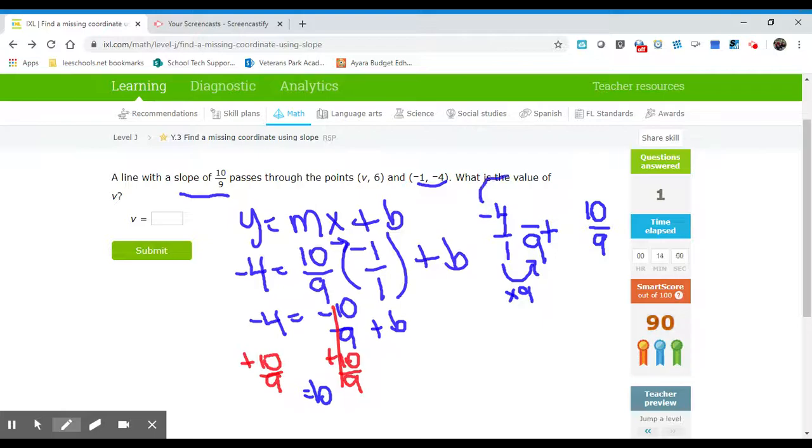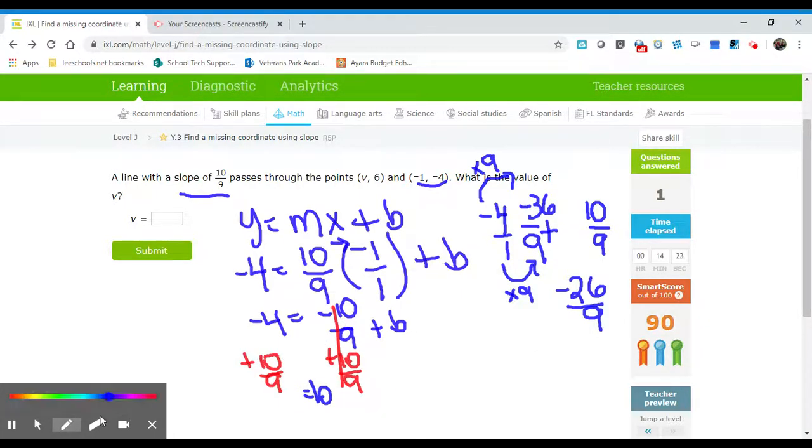So -4 times 9 is -36. Okay, so now that we have common denominators, we can combine our numerators. We have -26 ninths is our b. So b equals -26 ninths.